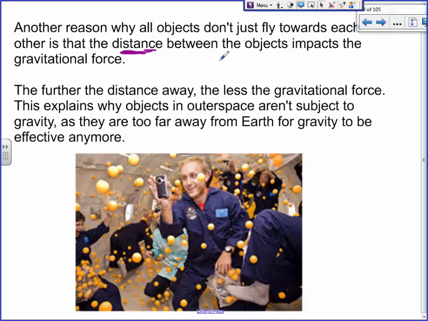And we actually kind of know this when it comes to things like space travel. The further up a spaceship gets in terms of its altitude, the less gravity takes hold, until eventually they get to a point where gravity doesn't really take hold very much at all. And there's that weightlessness in outer space, hence the picture here, right?